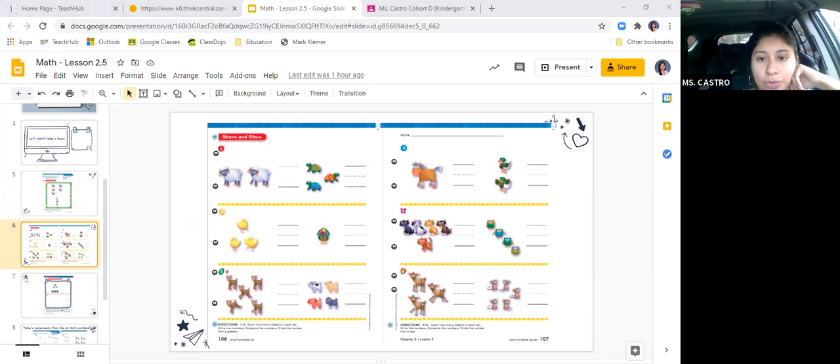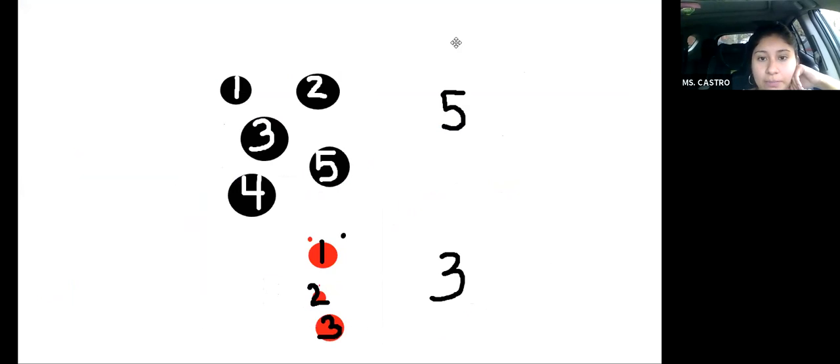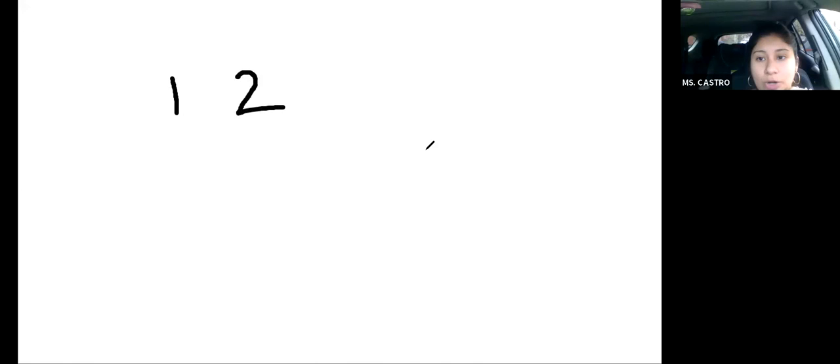I'm not even going to bother trying to draw the circles. I don't want to waste time. So the number of sheep that we had, we're just gonna label them. So we label one sheep. Okay. So those are the sheep that we counted. 2 sheep.